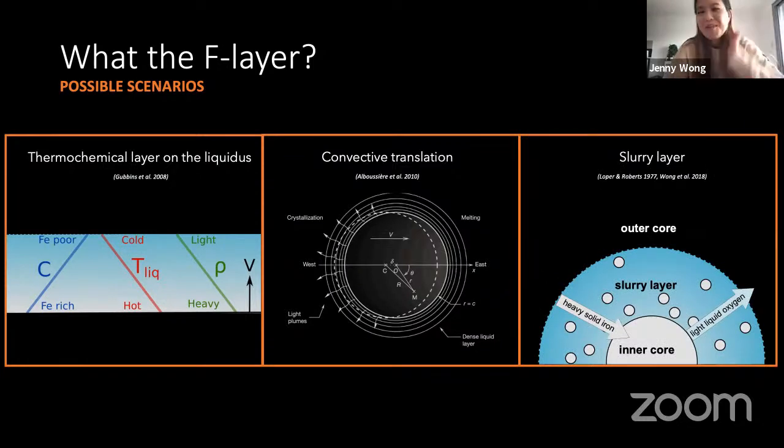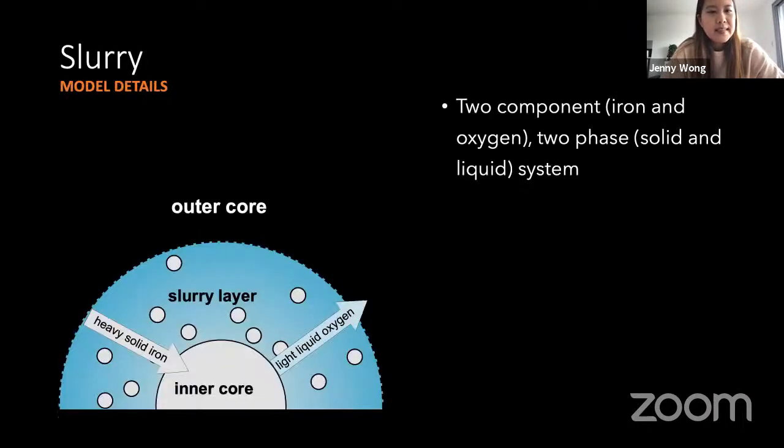My hypothesis is that we have a slurry scenario happening in the F layer. The theory for this was originally posited by Loper and Roberts back in 1977. The scenario I focus on is a two-component, two-phase system. In terms of the constituents, I'm considering iron and oxygen composing the core material, and also phase change between solid and liquid.